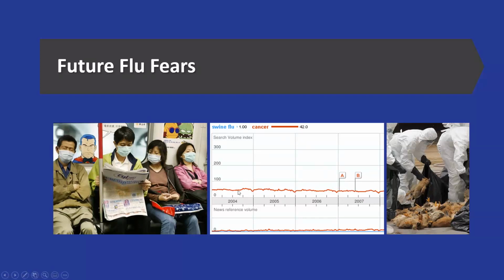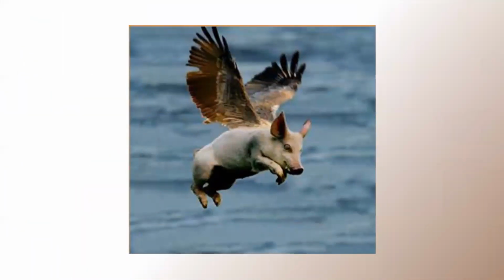You look at cancer, which is very stable, and it doesn't change that much. But you get a swine flu, and boom, it goes up dramatically. I hope we never have this kind of mutation, because then it's probably time to give up.